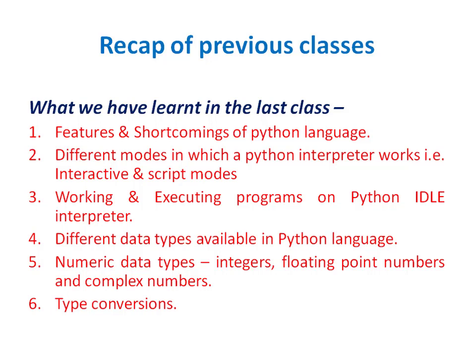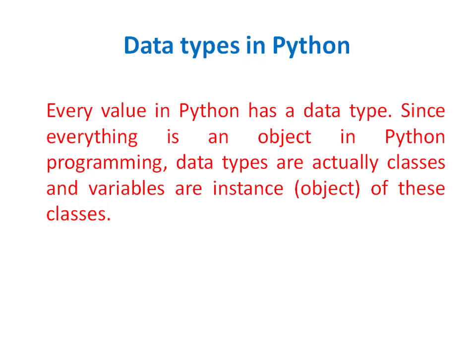That was for converting it from the string data type to the required data type. That was also a type of type conversion. Now today we are going to study the other data types apart from numeric data types which are available in Python. So first of all, we must be aware of what data types are.